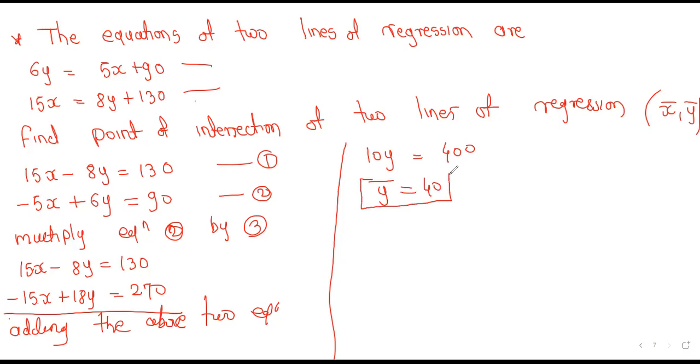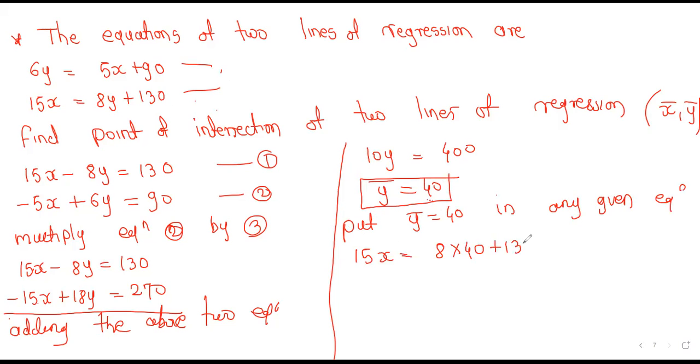Okay, after solving these simultaneous equations, whatever the values of x and y we get, we denote them as x bar and y bar. Now putting the value of y bar is equal to 40 in any given equation, we get 15x is equal to 8 into 40 plus 130.